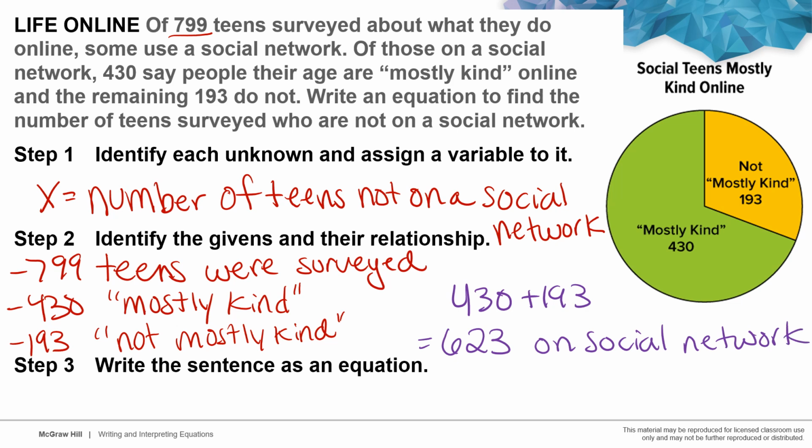For our equation, there's a few different ways we could set this up. But we could think about our 623 that is on social media plus the ones that aren't on social media, which is x, right? We don't know how many there are. And that's equal to what?